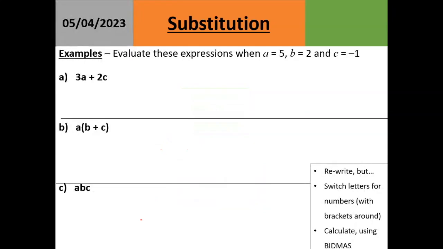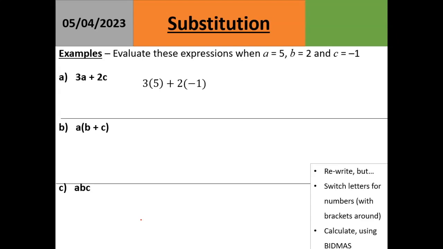Okay. So let's try these 3 examples. Remember what we learned earlier: we rewrite it, but we switch letters for numbers and put the brackets around. So let's try question A first and see what you get. For the first one, we're going to put 3 times, in place of the A, we're going to put a 5, and then plus 2, and in place of the C, we're going to put a -1.